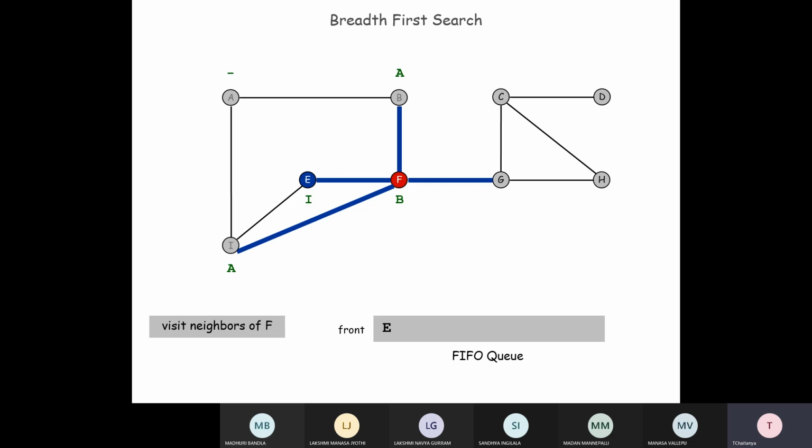For F we recognize four neighbor nodes: B, G, E and A. So now we place G first, and in the vertex we can see E and G.